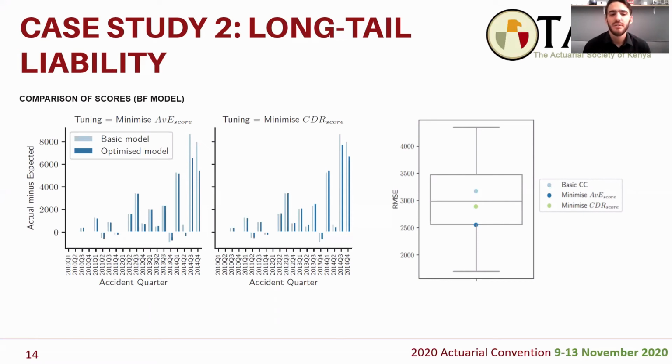And in the most recent few accident quarters, we see that our optimized model tends to under-reserve a little bit less than the basic Cape Cod model.